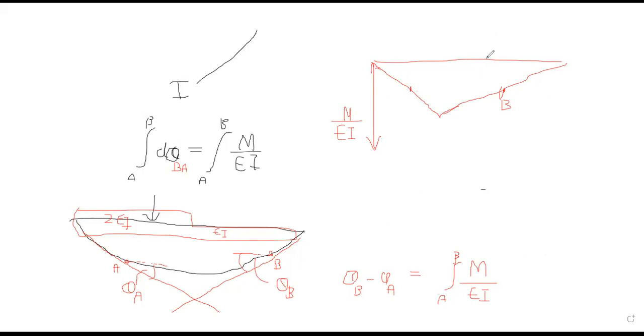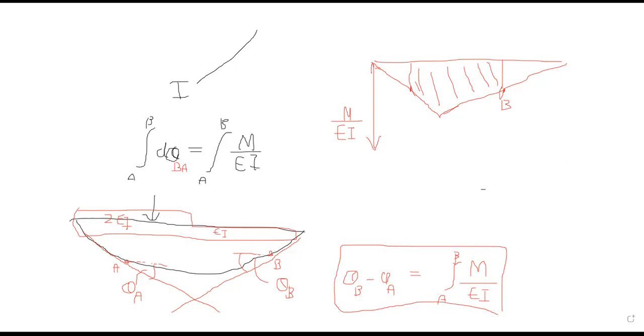So it tells you the theta between these two points is equal to the area under the M over EI diagram between those two points. It's a very simple theory, right?